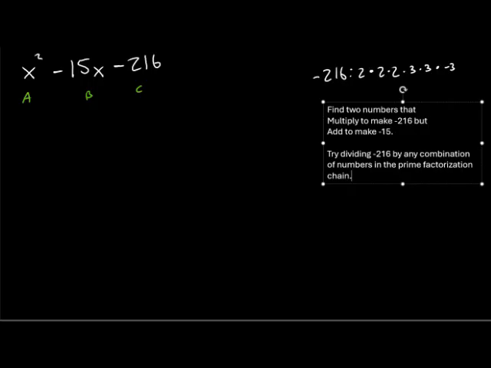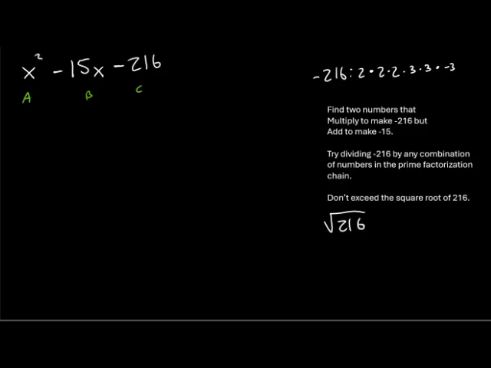However, we're going to try to narrow that down a little bit before we start, because as you can see, we have 6 numbers in our prime factorization chain and a lot of possible combinations. So as a rule of thumb, when you try this process, we want to make sure not to exceed the square root of 216. Let's make a note of what that is.